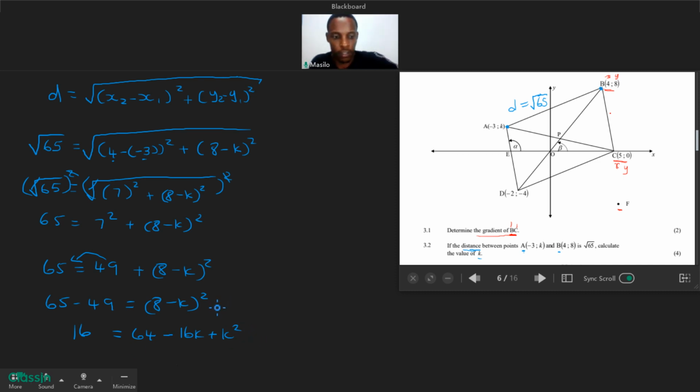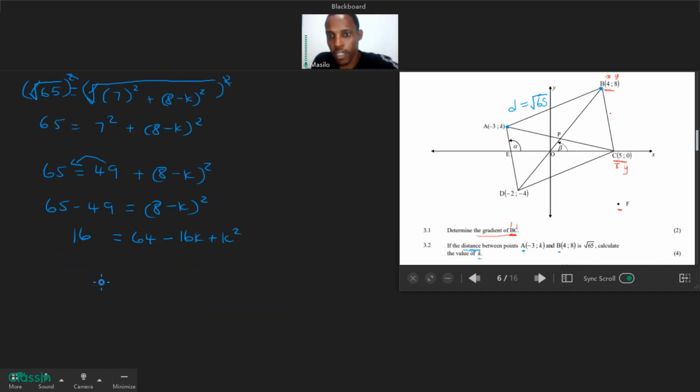But from here, we can write this in standard form: K squared minus 16K plus 64 equals 16. Then we take this to this side, it becomes K squared minus 16K plus 64 minus 16 equals 0.